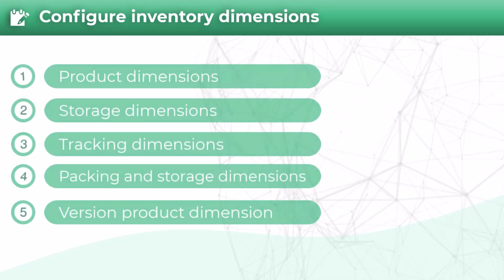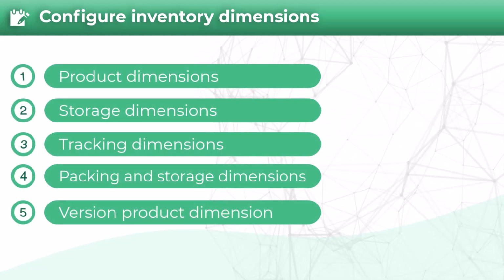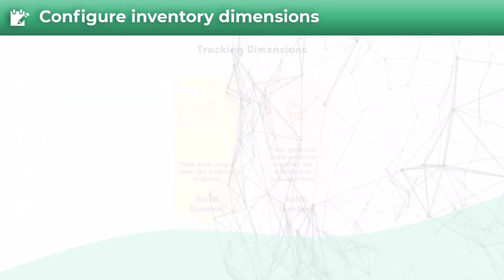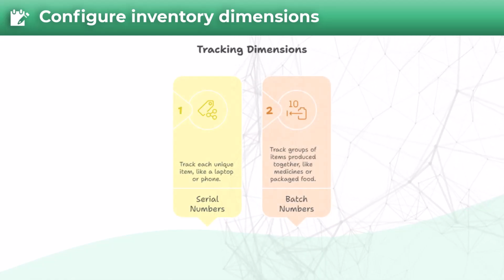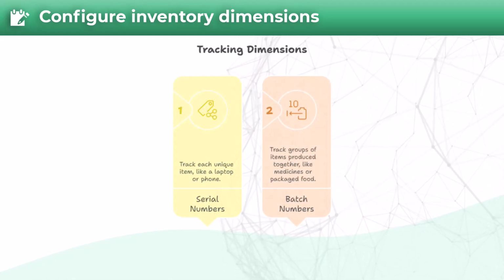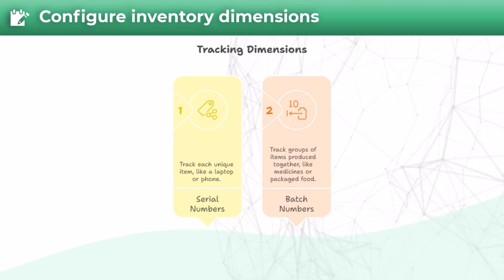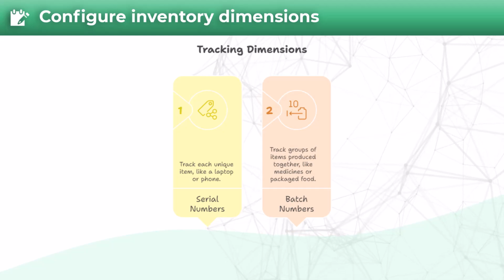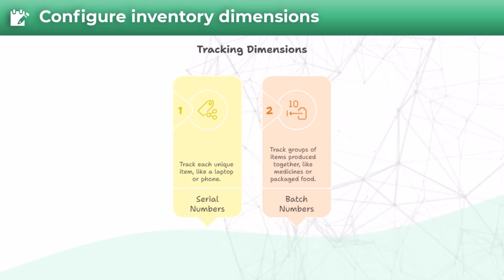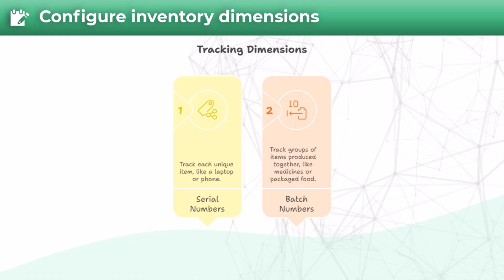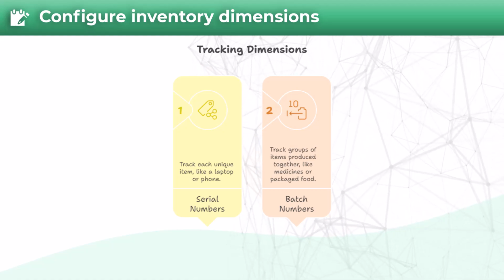Now we'll talk about the third dimension, that is the tracking dimension. These dimensions help to track products for quality and warranty. For example, serial number. By the serial number you can track each unique item, like a laptop or a phone or any other product.